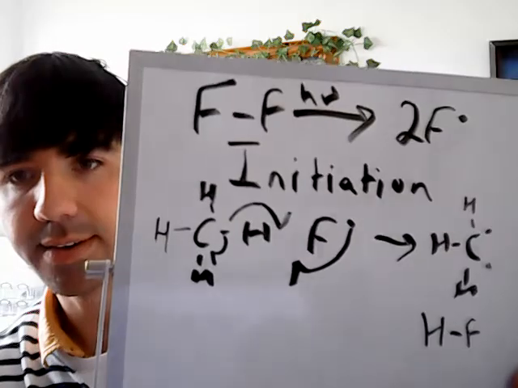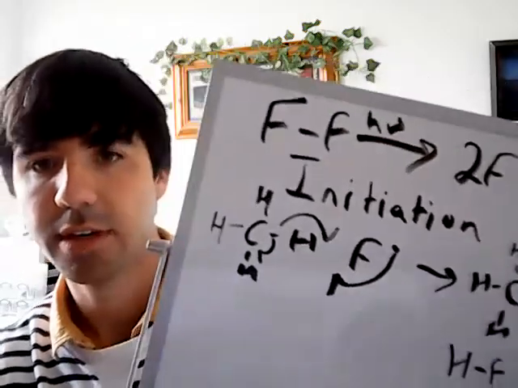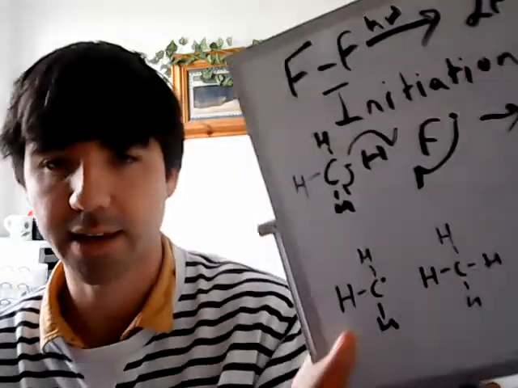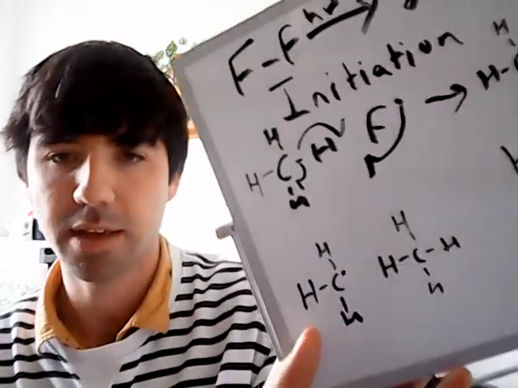Now let's say our radical comes across another molecule. It doesn't really particularly matter what it is. It could be another methane group, if you like. But the fact is that it'll then react again with another methane or whatever it's going to react with.